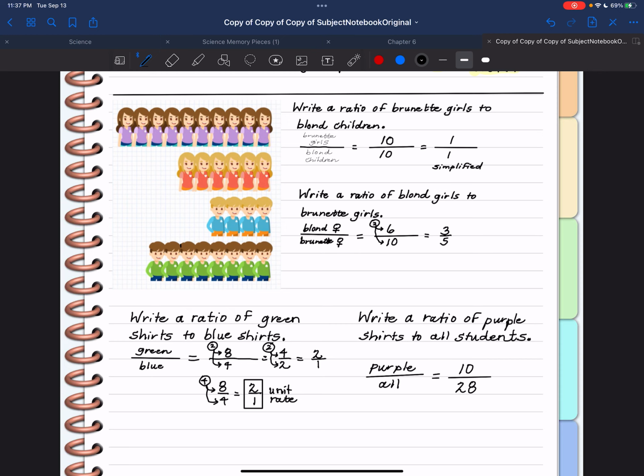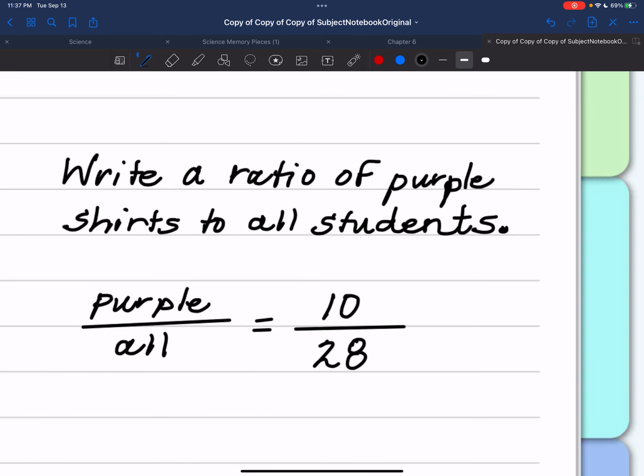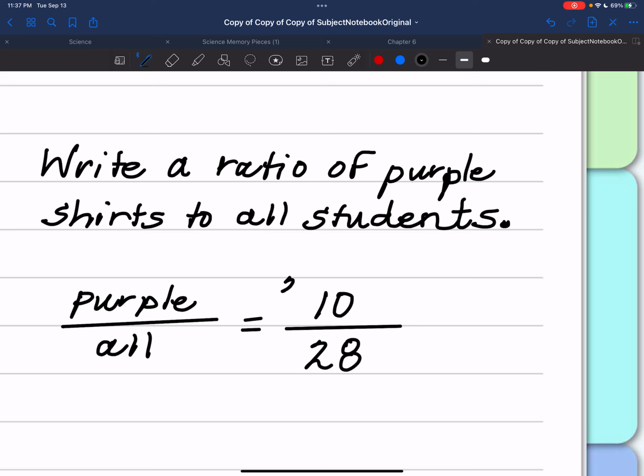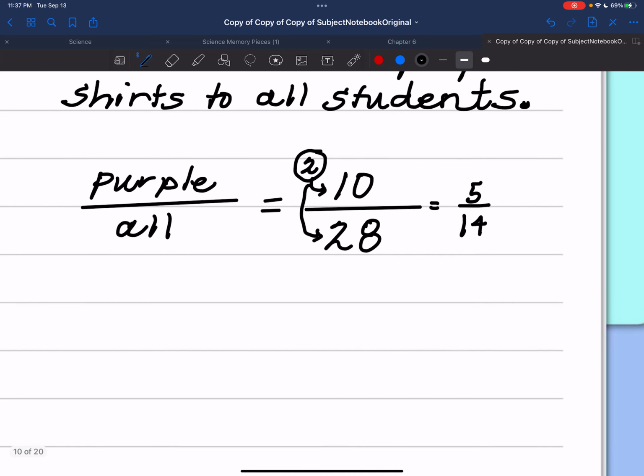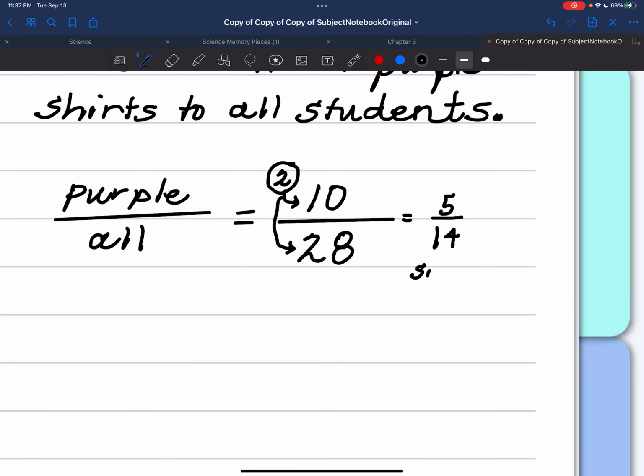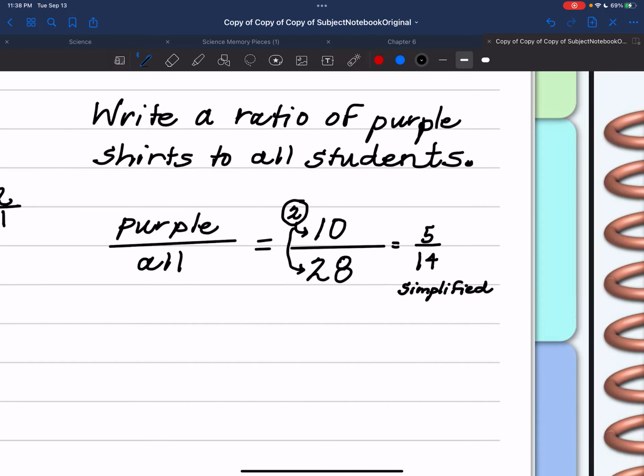Now this one won't go to a unit rate, but we can definitely simplify by 2, top and bottom. We will get a 5 on the top and a 14 on the bottom. So this is called a simplified ratio, and you always want to do that if possible.